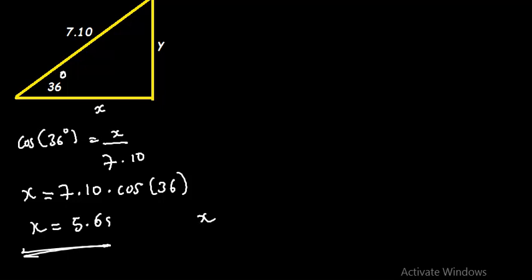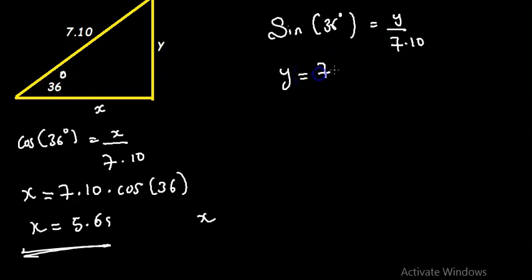But what if you want to find y using the sine function? In this case, we are simply going to have sine 36 degrees equal to y divided by 7.10, which is the same thing as saying making y the subject of the formula, y is equal to 7.10 multiplied by sine 36 degrees.